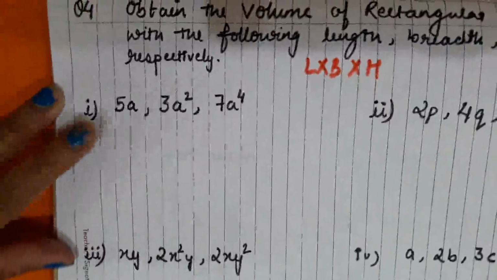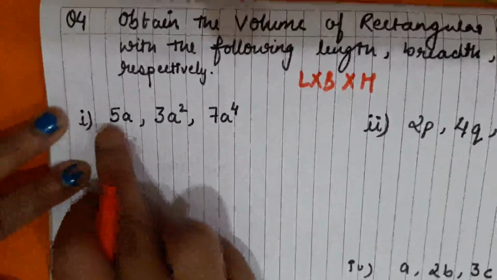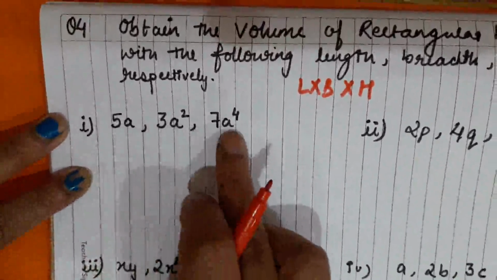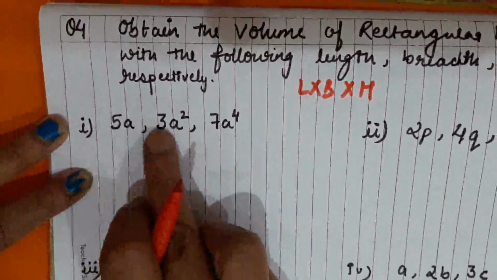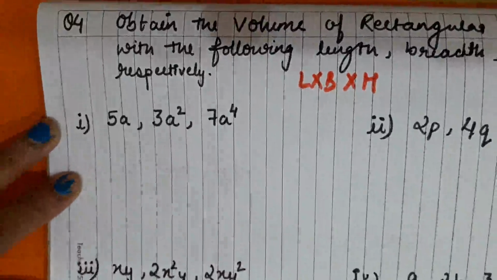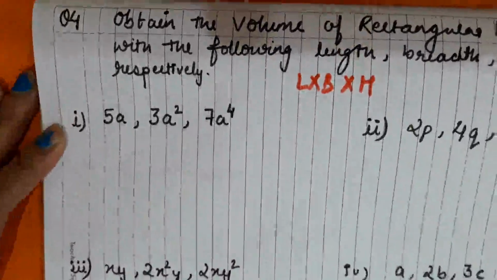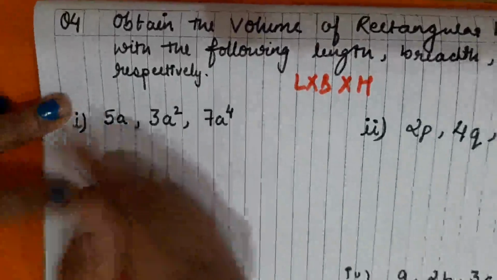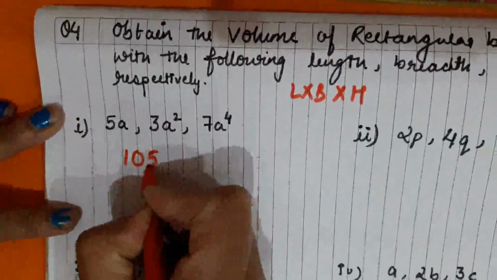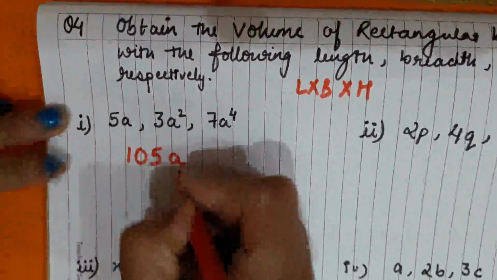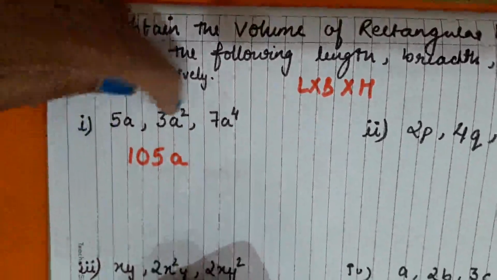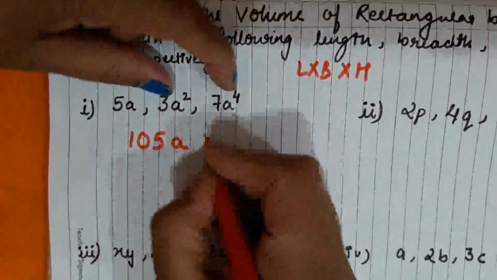So this is your first part, 5a, 3a, 7a. So 5 into 3 is 15 and 15 into 7 is 105. Okay, now a. Here power is 1, here power is 2, here power is 4. So you can add.